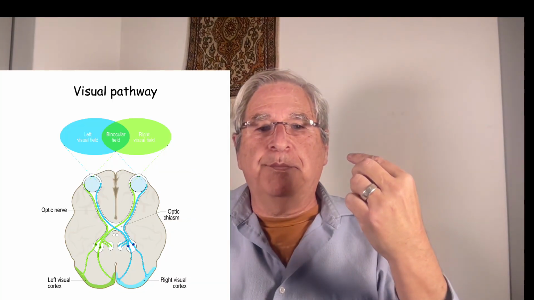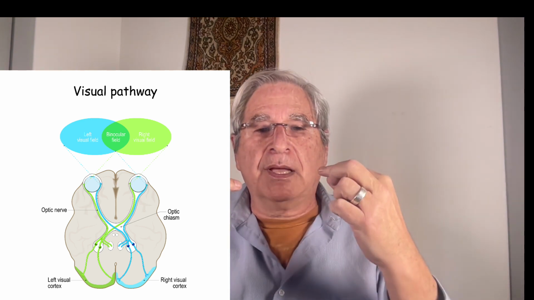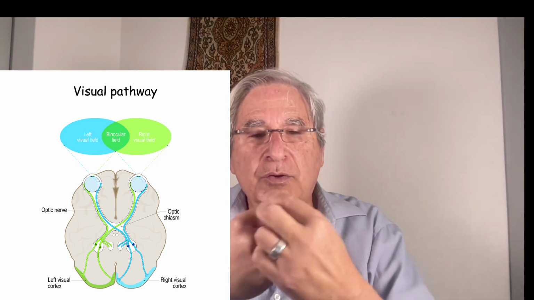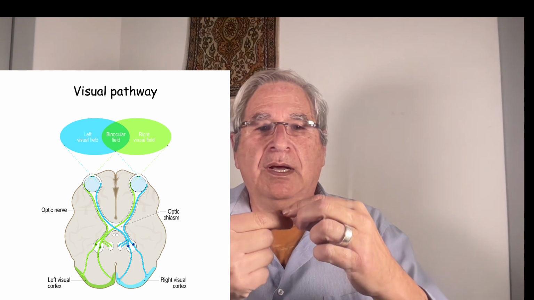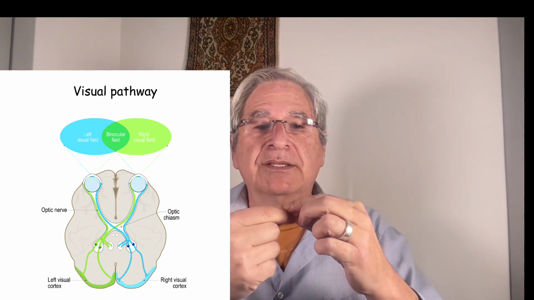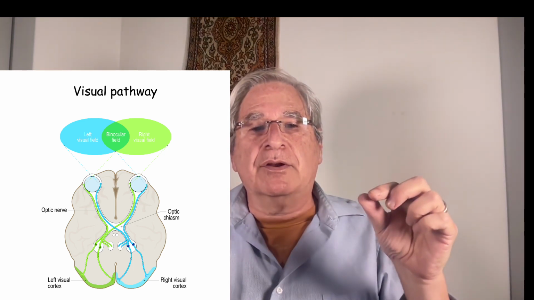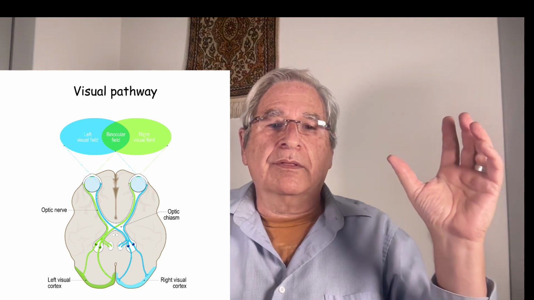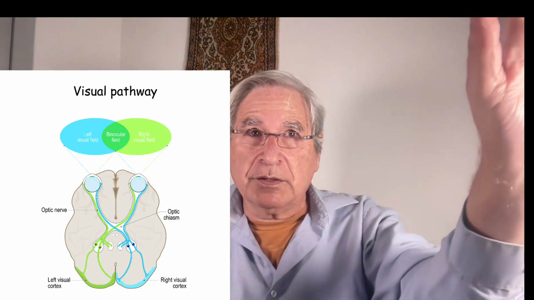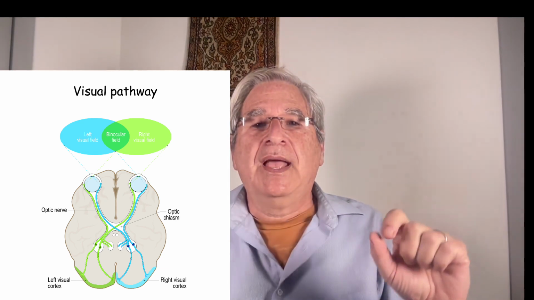These combine, they cross at something called the chiasm and then segregate into the left visual field and the right visual field at the level of the lateral geniculate nucleus, the LGN.